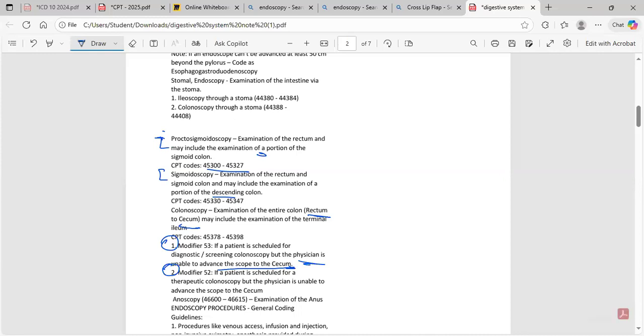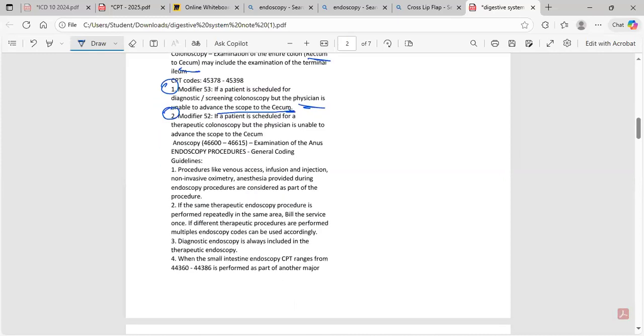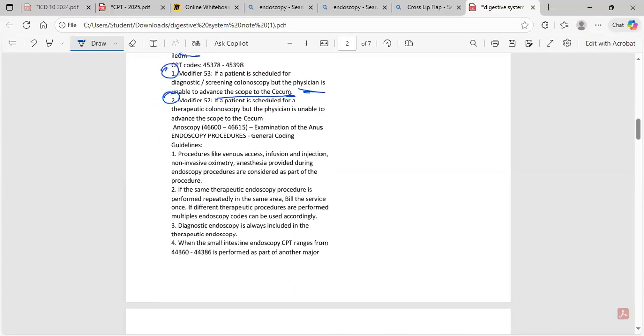Okay. Now let's move further. Endoscopy procedure. These are a few guidelines for the endoscopy procedures which we have to follow. Procedures like venous access, infusion, injection, oximetry, and anesthesia during the endoscopy procedure are always included in the endoscopy procedure.